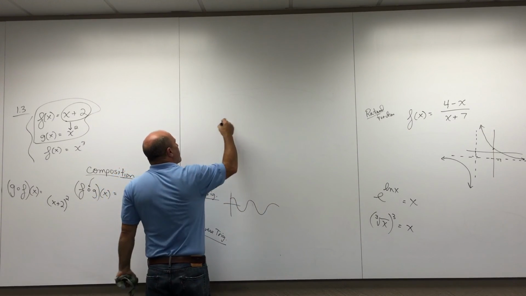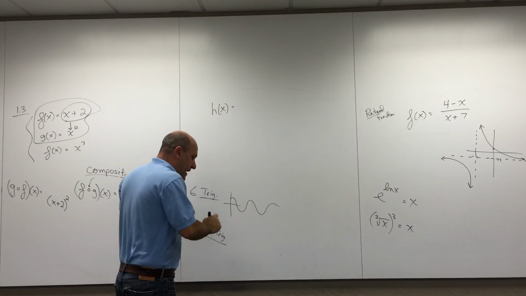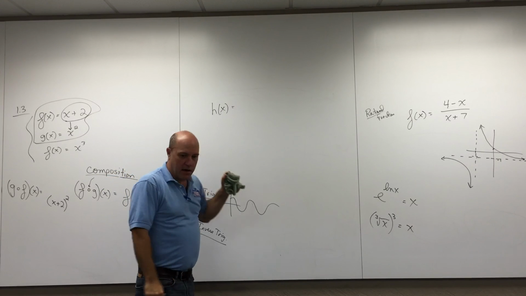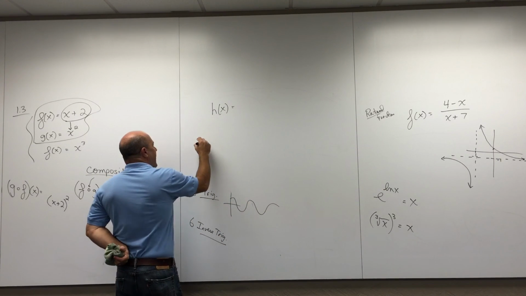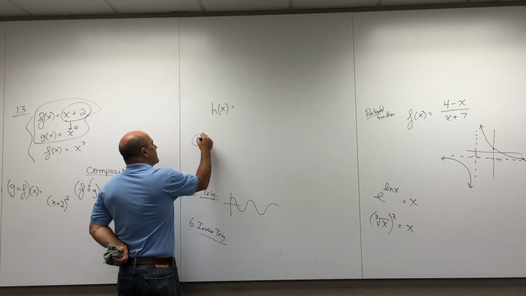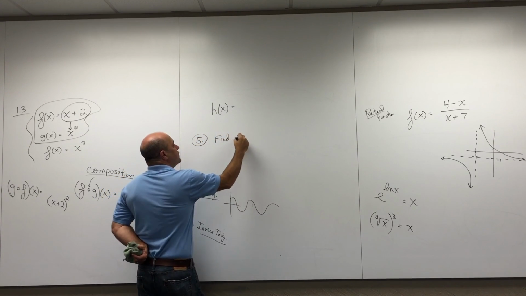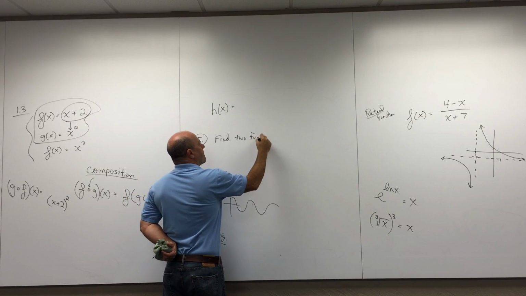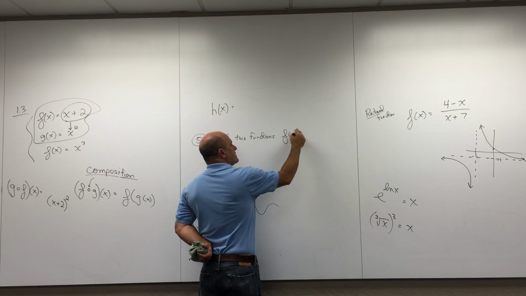There was a misprint on my review sheet. On problem 5, how does it read? Find 2 functions. Okay, hang on. I think you wanted to put f of x here, and I should write f of x.